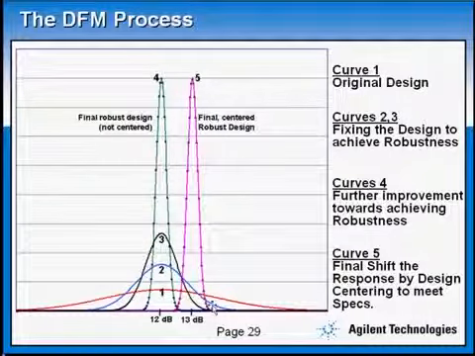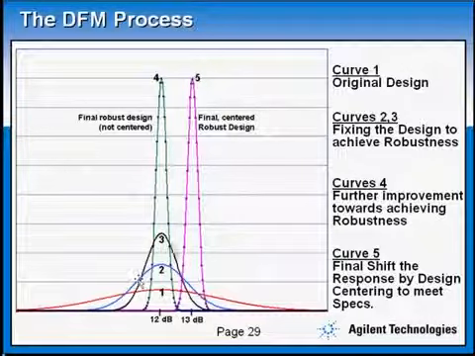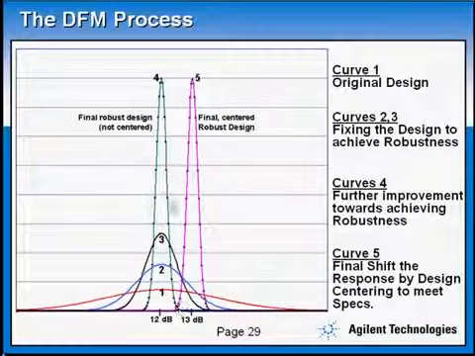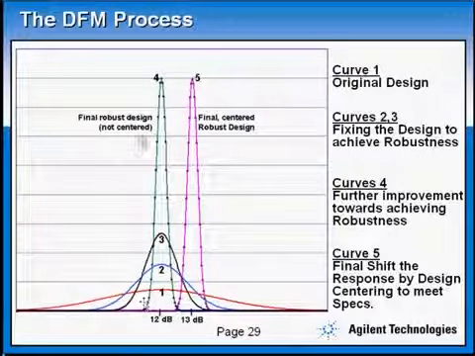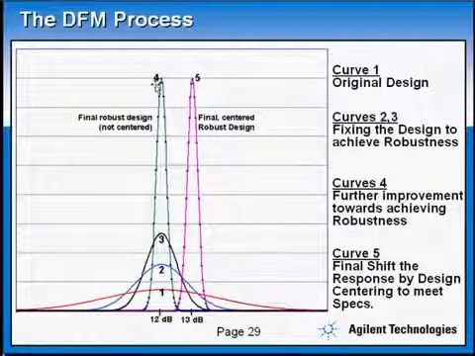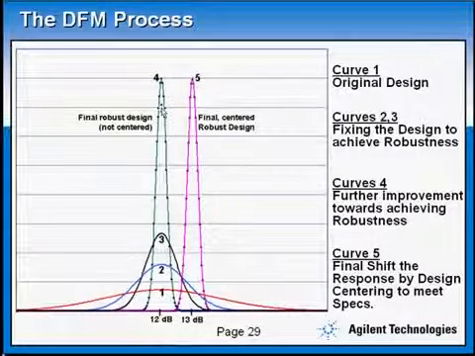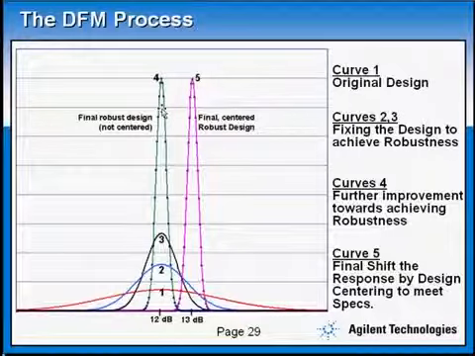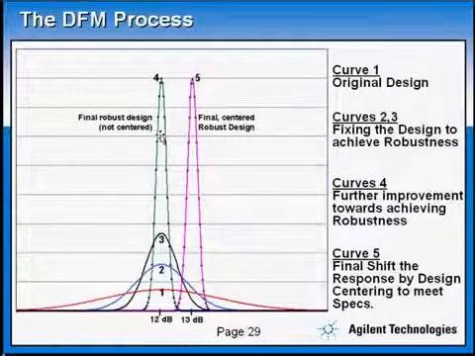And the DFM tool will tell you what components to fix or what matching networks. And slowly you can convert your design into one with a tighter distribution, just like it's shown in curve number 4 in green.